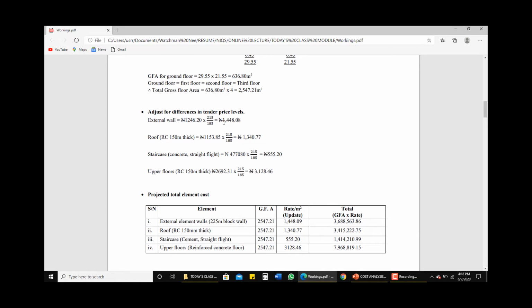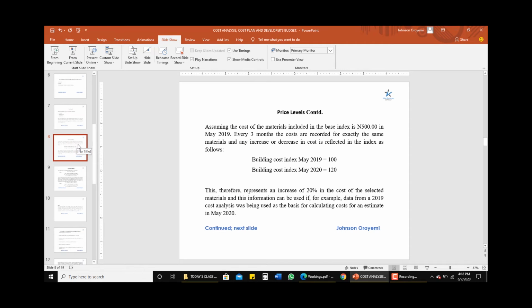And what do we have there? We have an increased figure, which is 1,448.08 kobo. And this is how the index is applied to adjust for difference in price level for a construction project. Now let's go back to our presentation here.